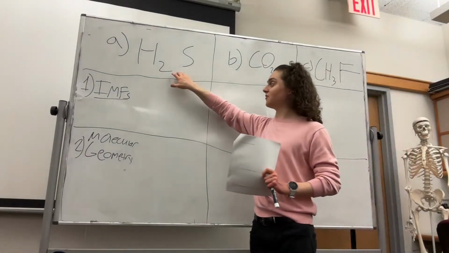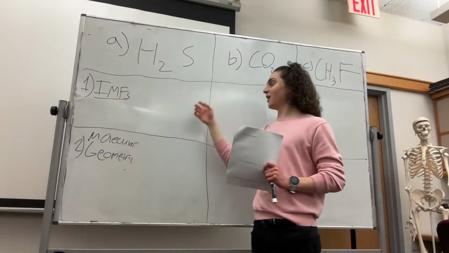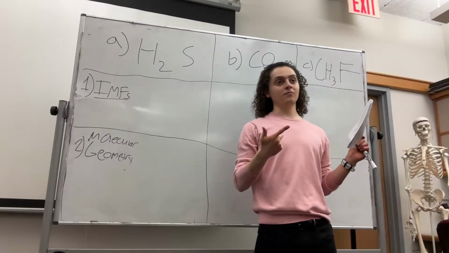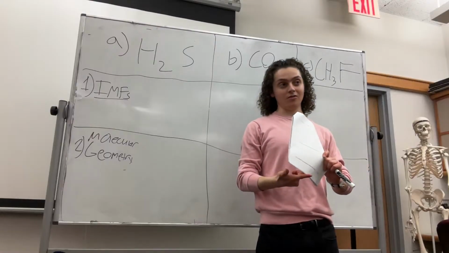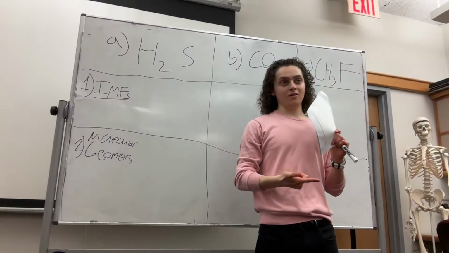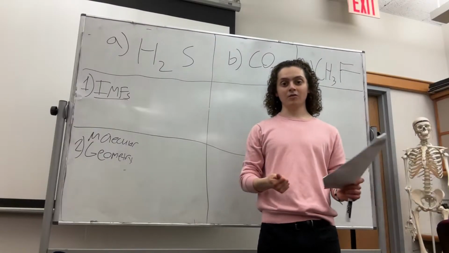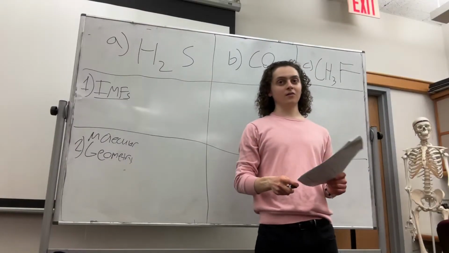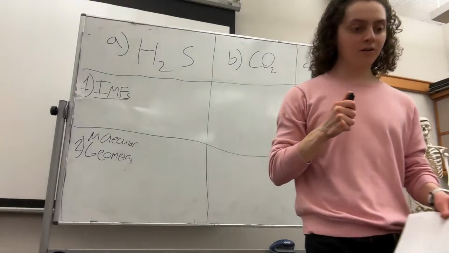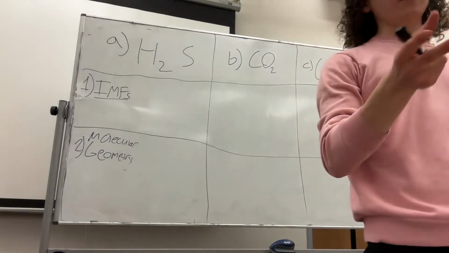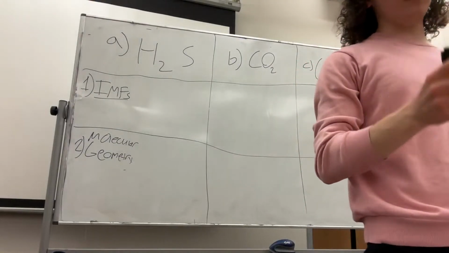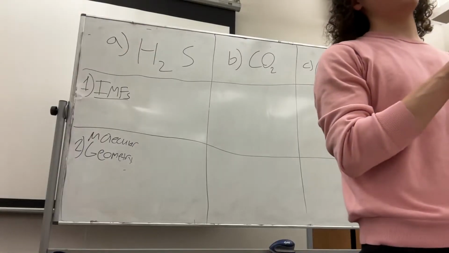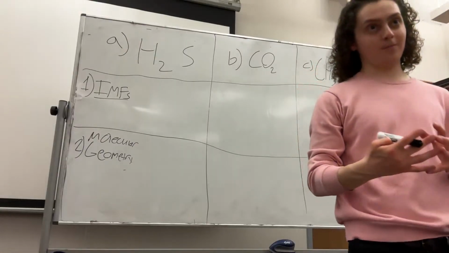Okay, so H2S. We want to ask, are the bonds polar, and is the molecule overall symmetrical with the molecular geometry? So number 1, are the bonds polar? A polar bond is a bond between two atoms where the difference in electronegativity for those two atoms is great, and so they share what's called a dipole.